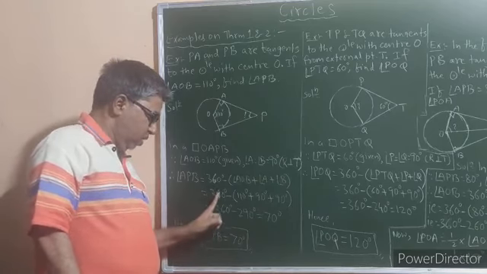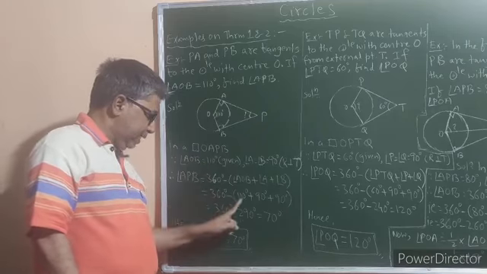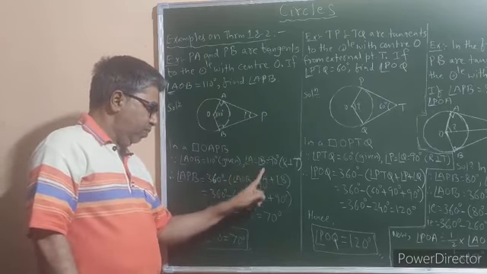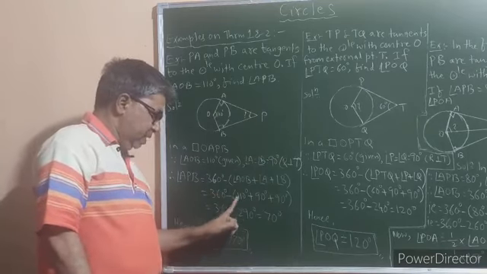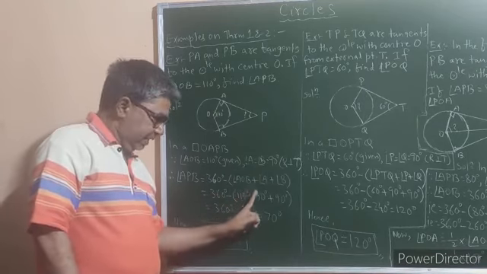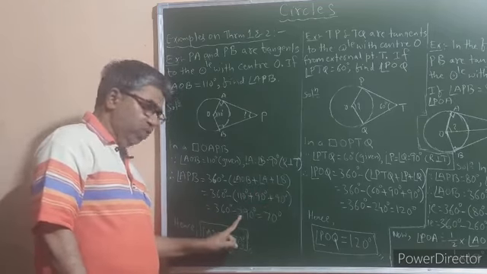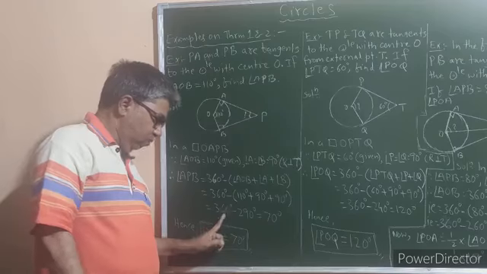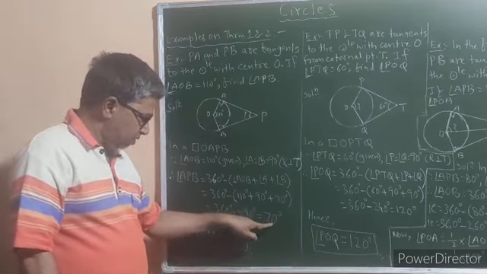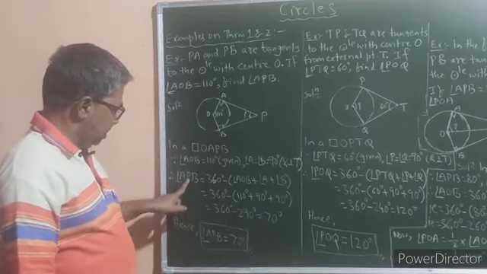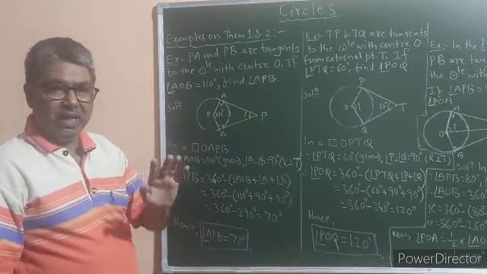So this equals 360 degrees minus (the value of AOB is 110 degrees plus the values of A and B are 90 degrees plus 90 degrees). 360 degrees minus the sum total of 110, 90 and 90, which is 290 degrees, and if you subtract 290 from 360 you will get 70 degrees. So hence 70 degrees is the measure of angle APB in this particular example.